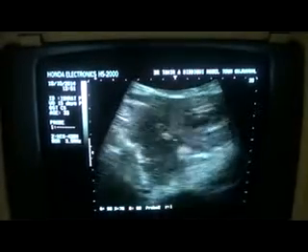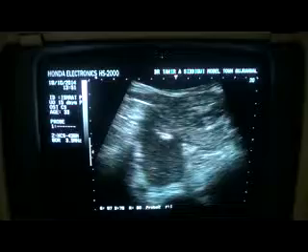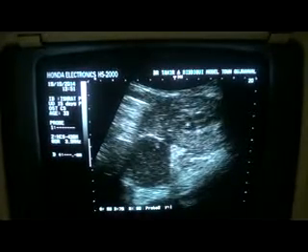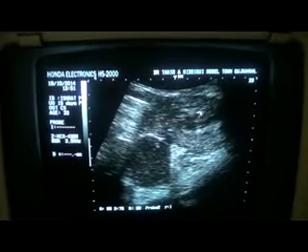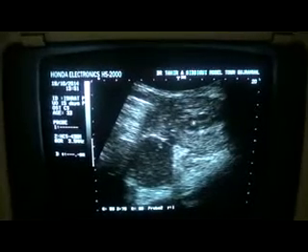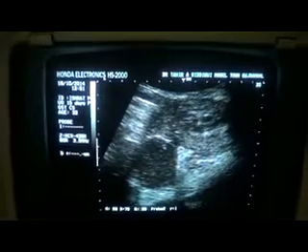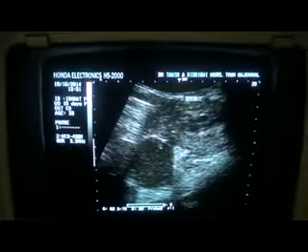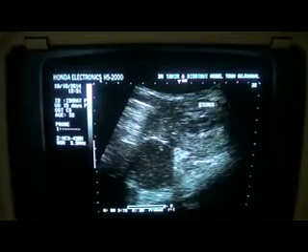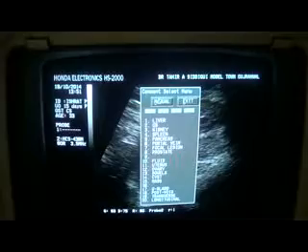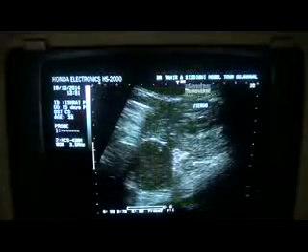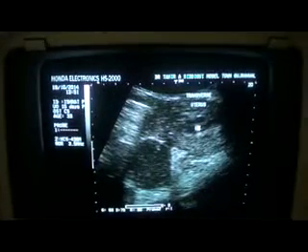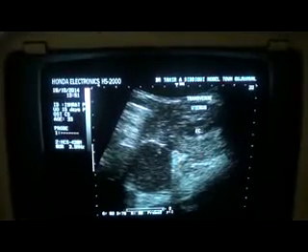Now in transverse section, here we can see both the dilated endometrial canal with fluid and multiple echogenic linear and tiny areas within it. This area is representative of the uterus in transverse section, and this area is representative of the endometrial canal, which is dilated.